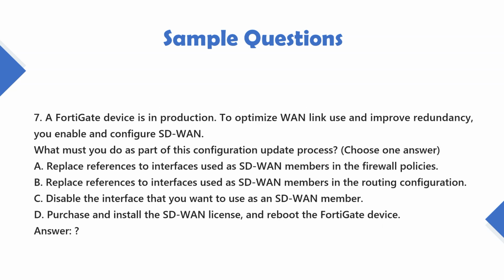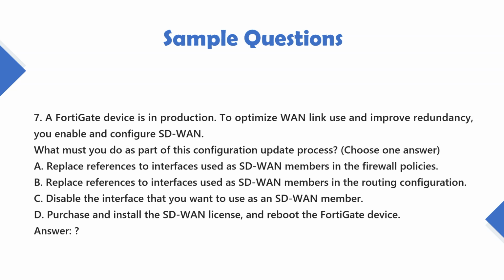7. A FortiGate device is in production. To optimize WAN link use and improve redundancy, you enable and configure SD-WAN. What must you do as part of this configuration update process? Choose one answer. A. Replace references to interfaces used as SD-WAN members in the firewall policies.